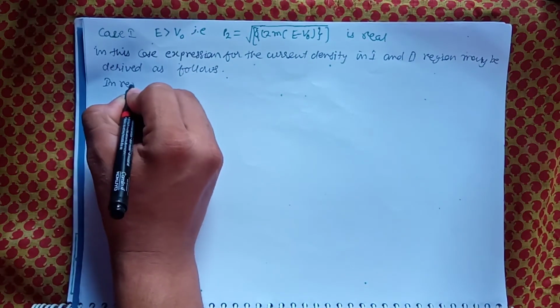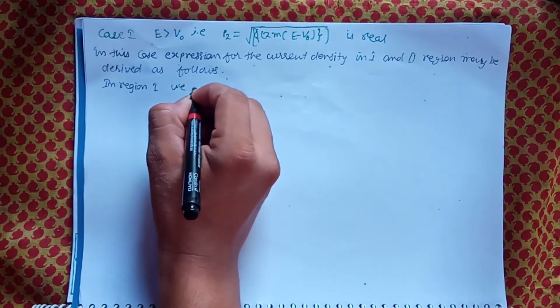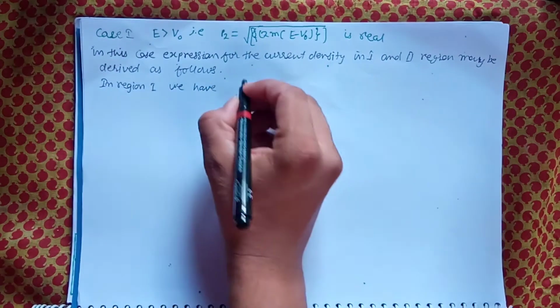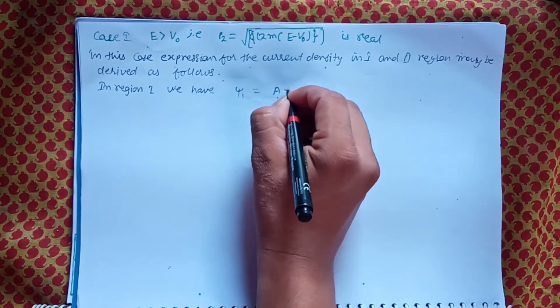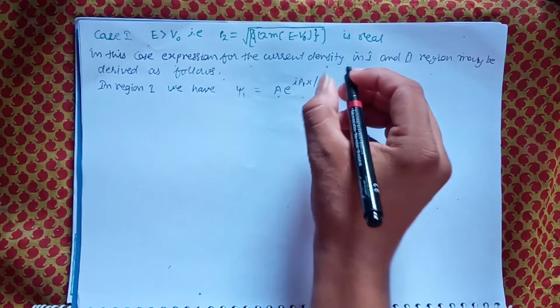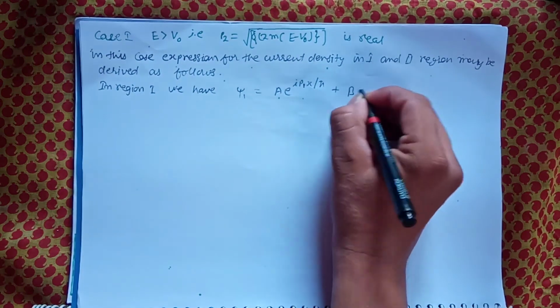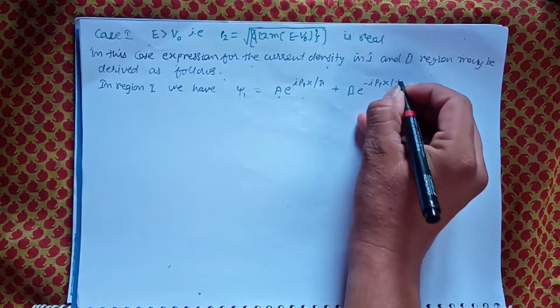In region first we have psi first is equal to A e raised to power iota p1 x over h cut plus B e raised to power minus iota p1 x over h cut.